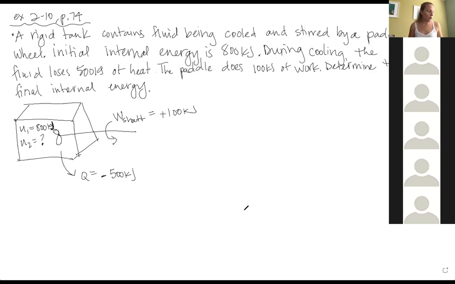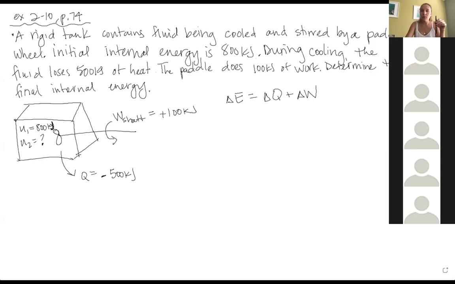All right, so moving right along. For this system, we know that our change in internal energy for a closed system, like a closed rigid tank, can be equal to our change in heat plus our change in work.